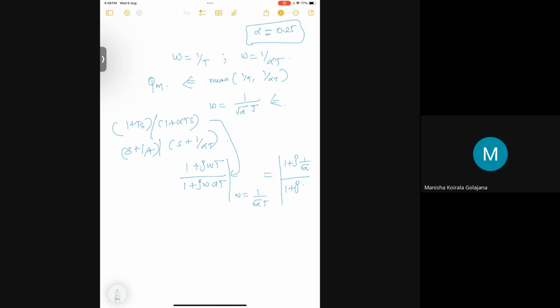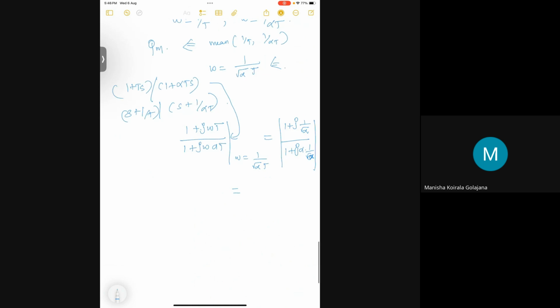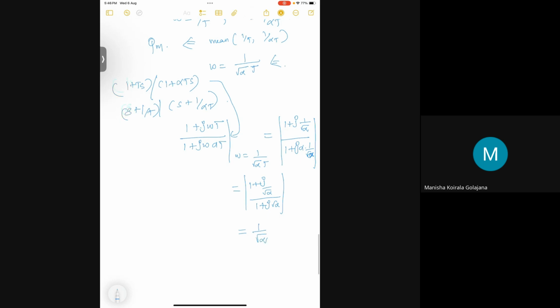Then I would have alpha into 1 by root alpha, T, both T will get cancelled. So this will give me, if I take alpha, 1 plus j by root alpha divided by 1 plus j root alpha. If you take the magnitude out of it, you would be having 1 by root alpha.